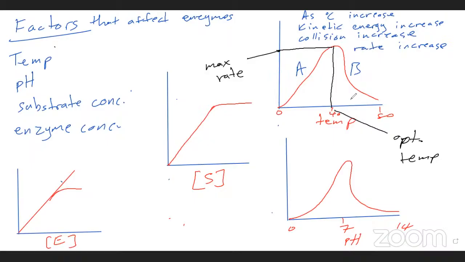All right. Once you pass the optimum, the rate starts to decrease. I'm explaining side B now. It starts to decrease because bonds in the enzyme start to break.